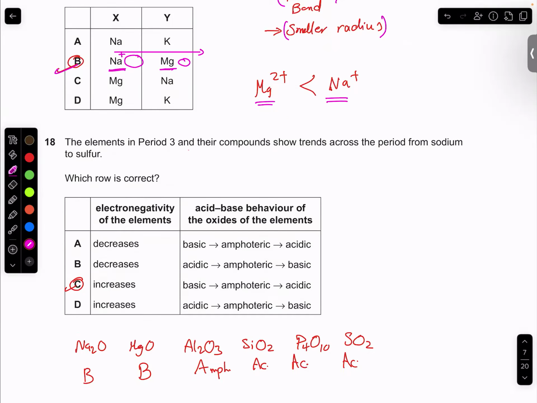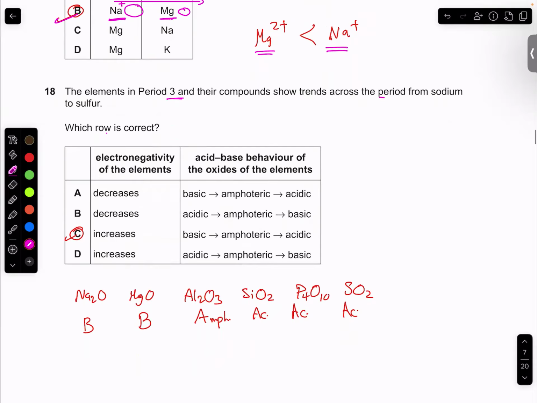The elements in period 3 and their compounds show a trend across the period from sodium to sulfur. Which row is correct?